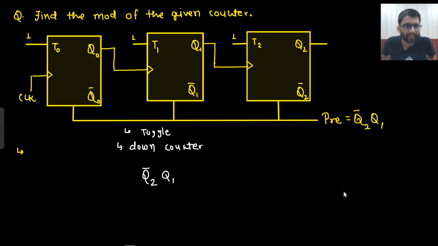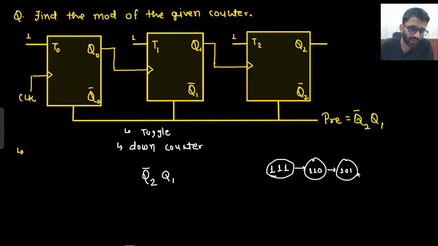If preset is there, then certainly it would be starting from the maximum, right? What is the job of preset? To take all the outputs to set. Then certainly it would be starting from 1111, then to 110, then to 101, and in that manner it should be going. So certainly you are starting from the maximum.